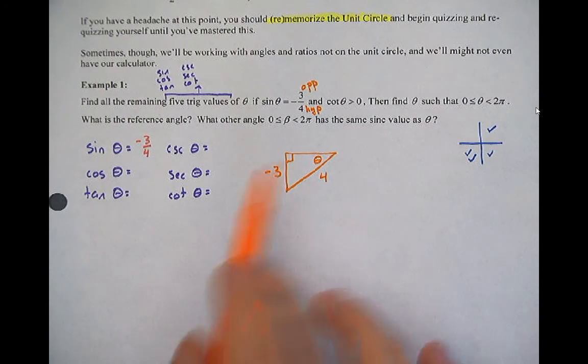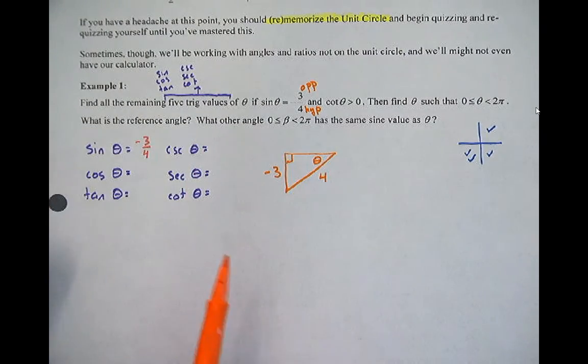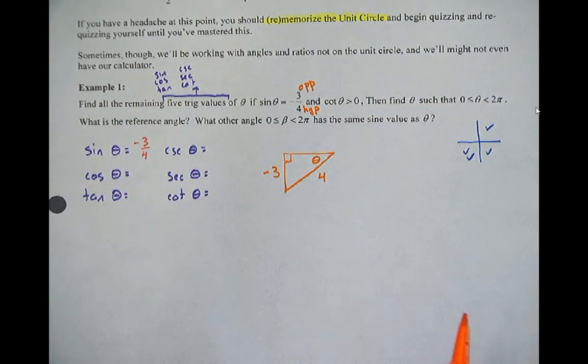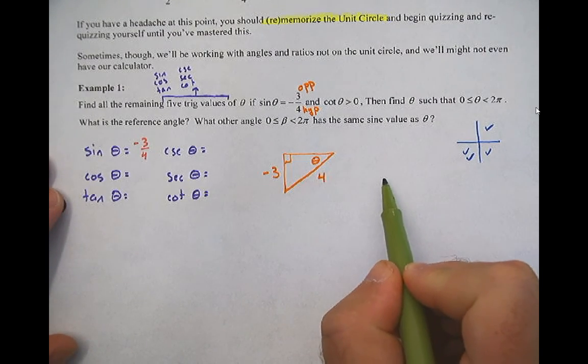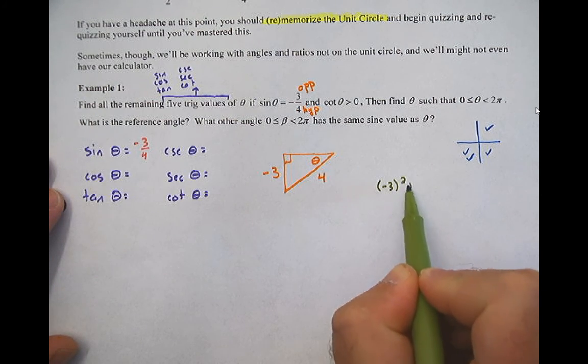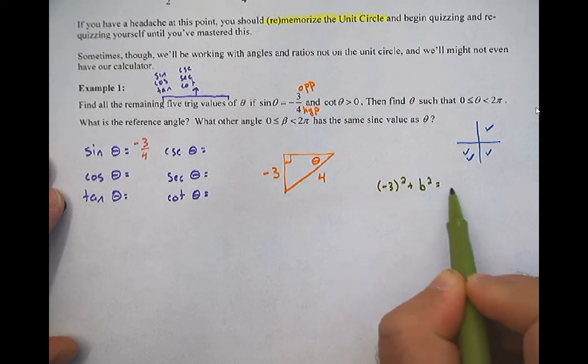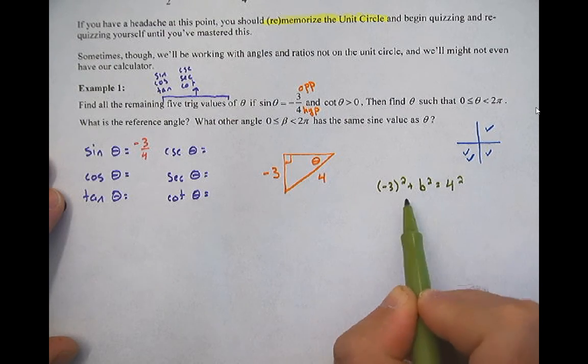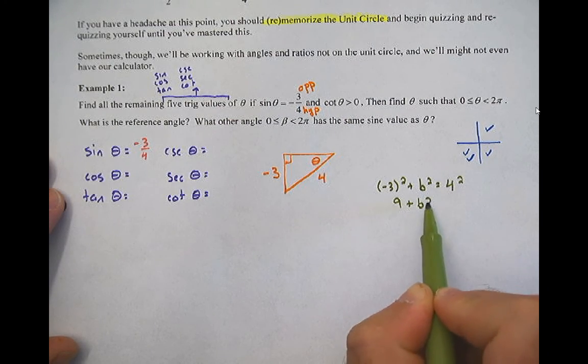All right, now if I'm going to use this to figure out the rest of these trig functions, I need to know what this side length is. And we can find that out by doing our good friend, the Pythagorean theorem. So I'm going to call this b squared. So I'm going to have negative 3 squared plus b squared equals 4 squared. So that's 9.